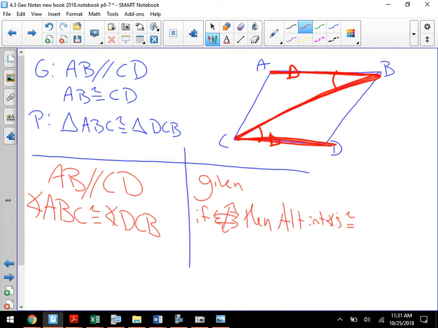Draw the Z, fill it in. It's pretty much the same thing over and over and over again.